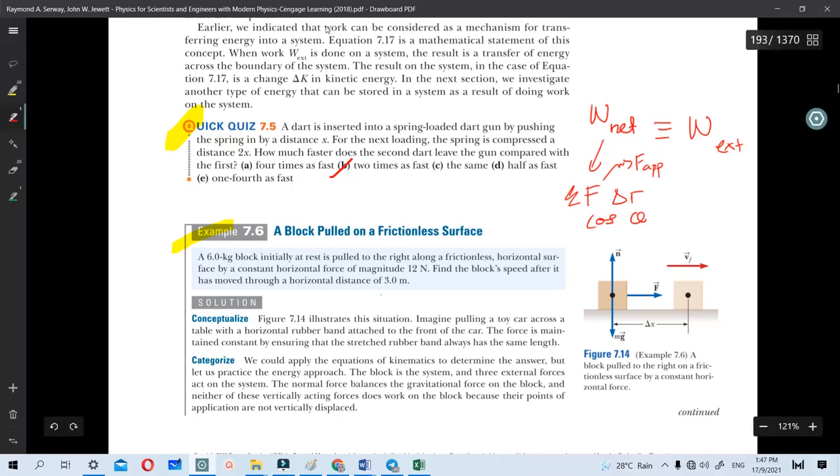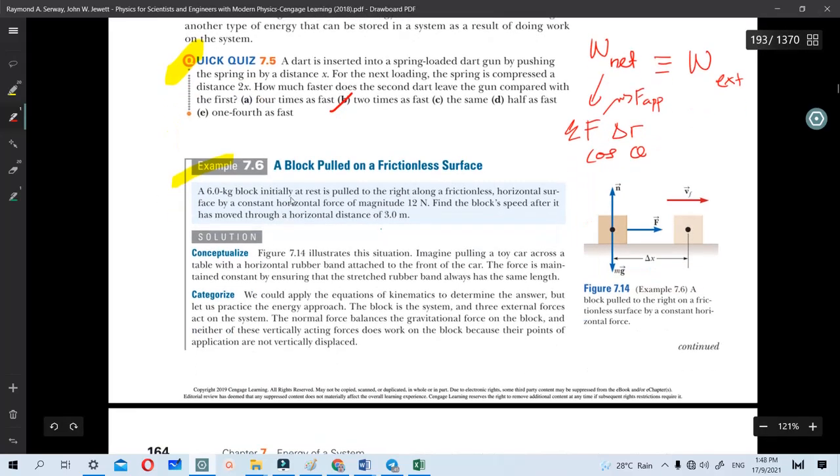So if you do refer to another textbook, it has the same connotation. Now, looking at example 7.6, this is a scenario whereby there is no friction. It says that it's frictionless, and the block involved has a mass of 6 kilograms, pulled to the right as in the figure on a horizontal surface. So this is the displacement, which maps to what we learned here, delta x, and this is delta r as well.